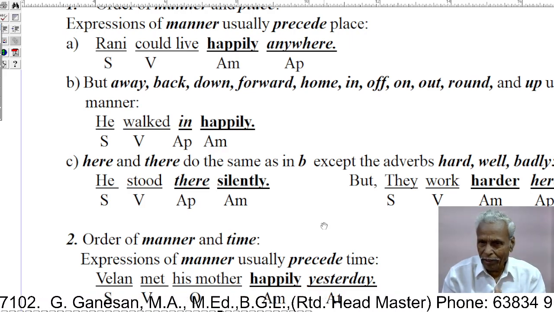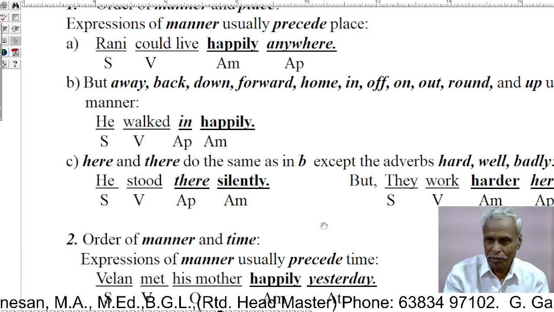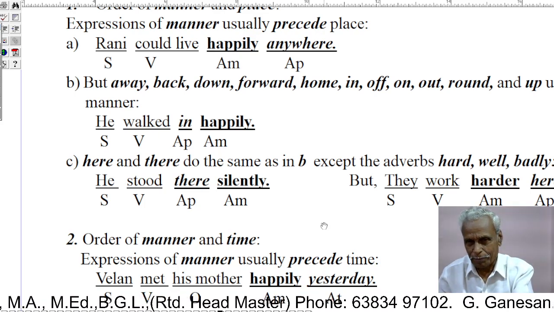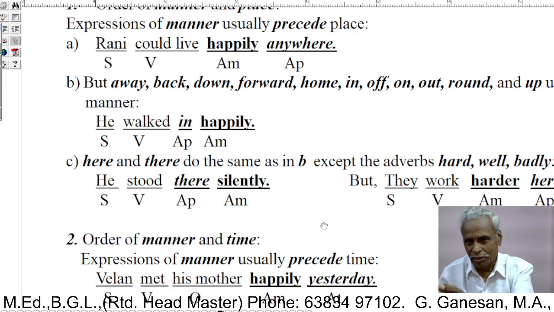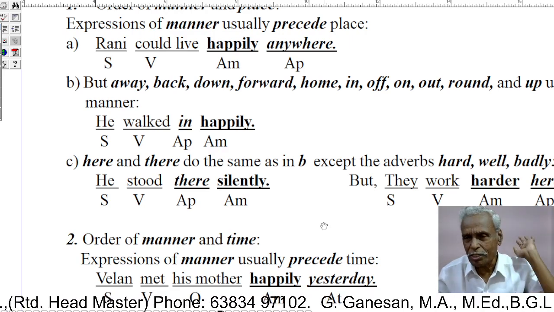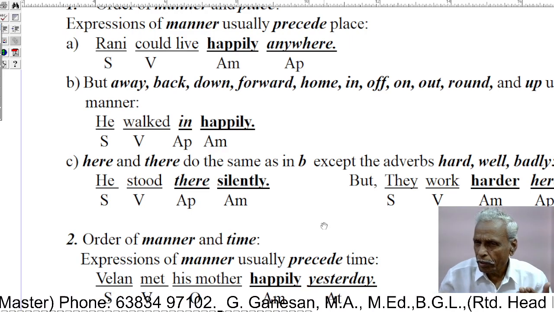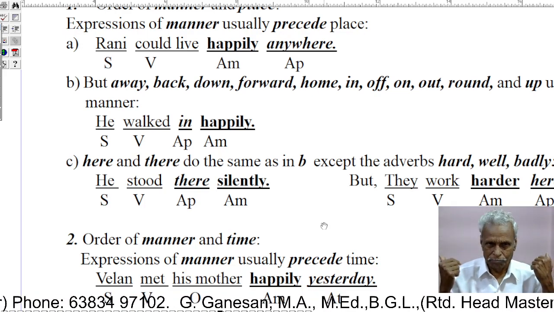Example: they work harder here. Here, manner is first, place is next, because harder has been used as the adverb of manner.